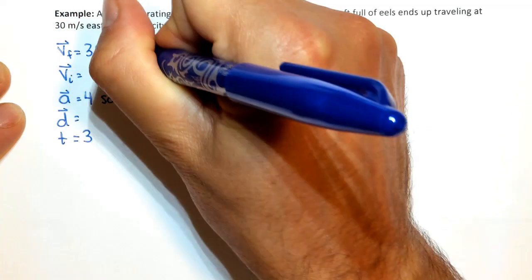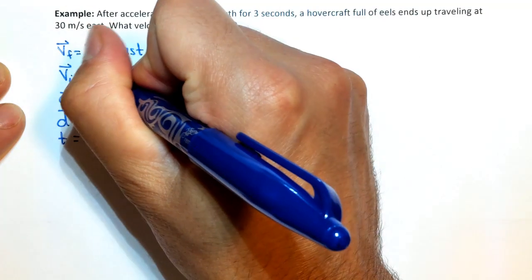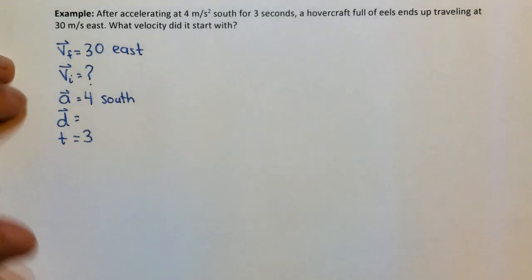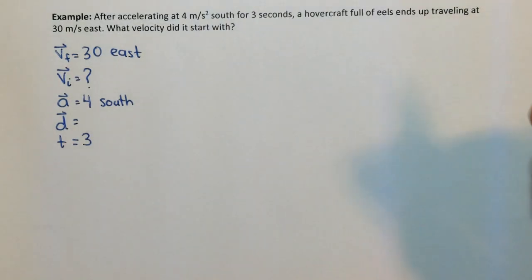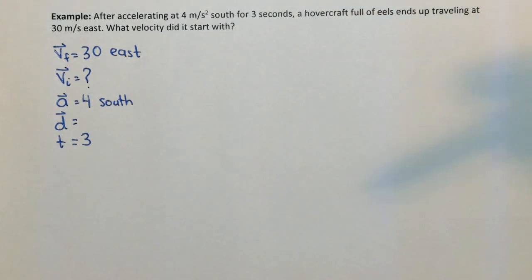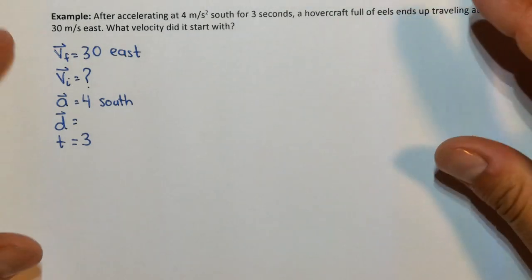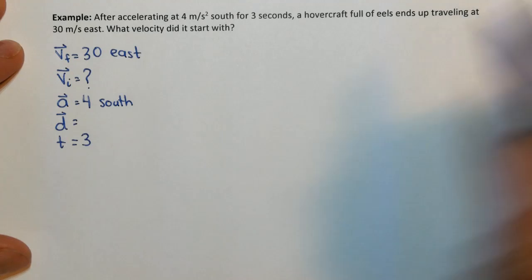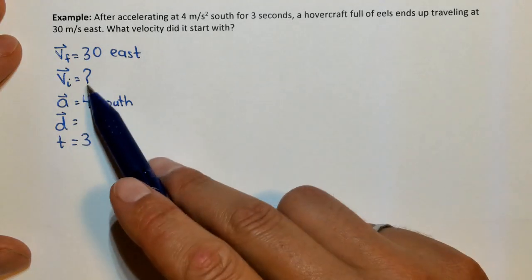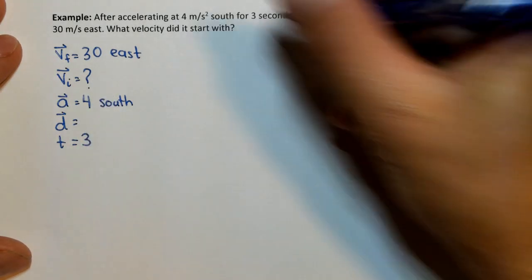I can write this as 30 east. I'm looking for VI, and I don't know what the displacement is. The next thing I would do, and I haven't even acknowledged that this is a 2D problem yet, I'm just solving it as if it's a 1D problem, is pick a formula. And it turns out a formula that has VI but not D is this one.